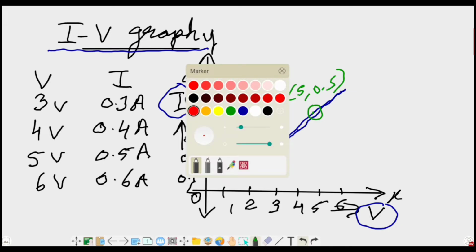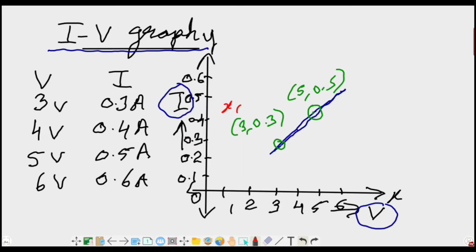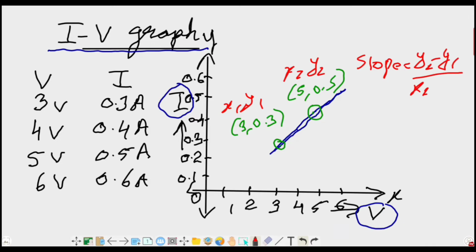When I take this as x1, y1, x2, y2, and find out the slope, same way, y2 minus y1 upon x2 minus x1. Now it will be 0.5 minus 0.3 upon 5 minus 3.